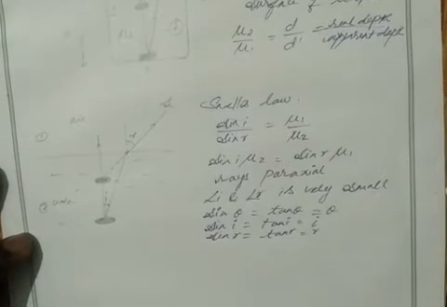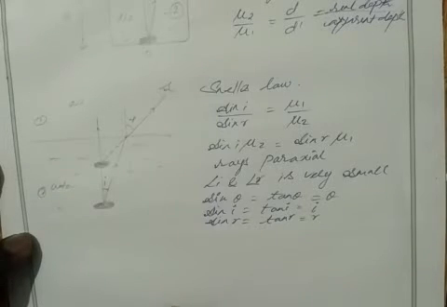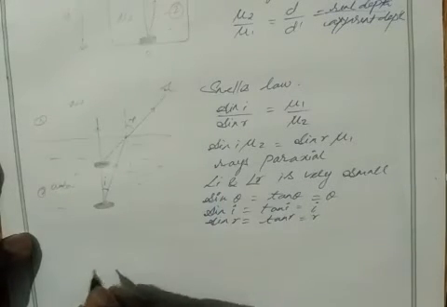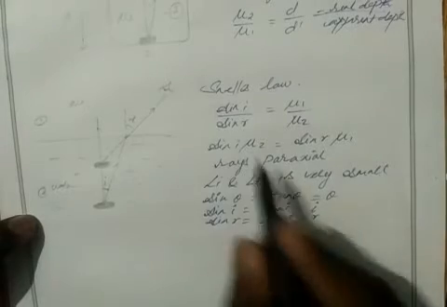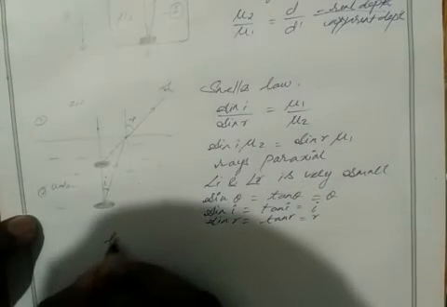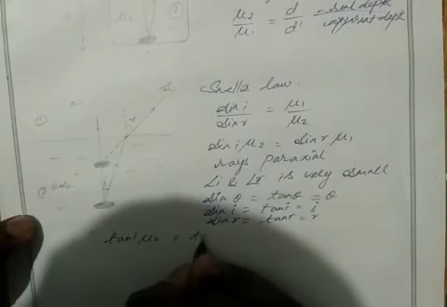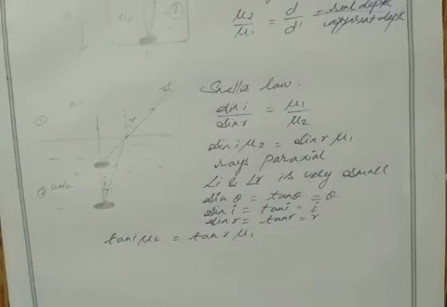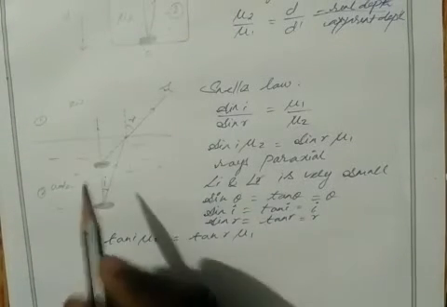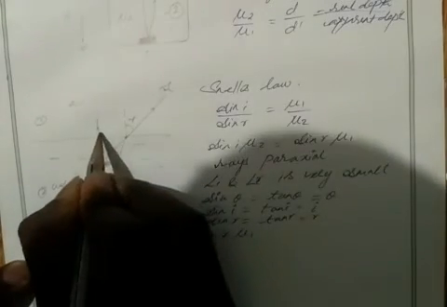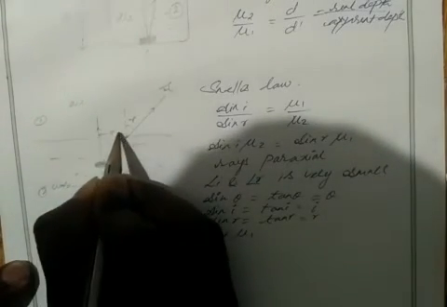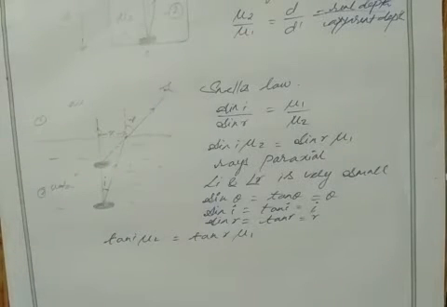Then substitute in the formula: instead of sin i mu2, I take tan i mu2 equals tan r mu1. I take the distance between the two normal lines, the lateral shift, as x.